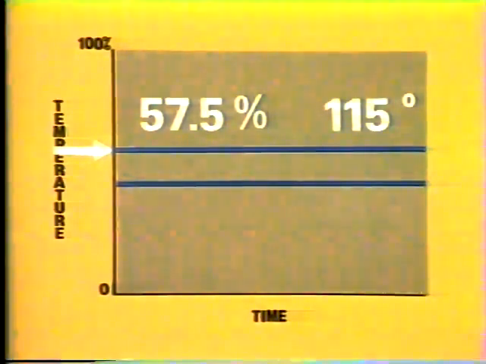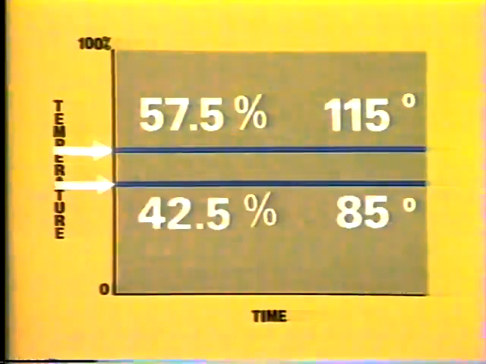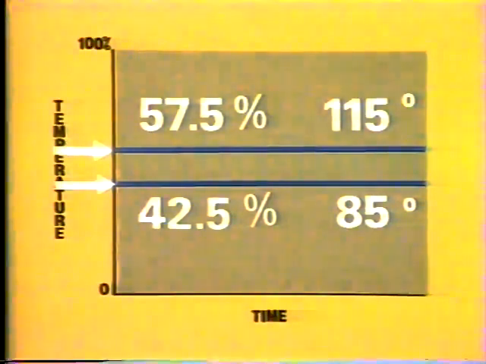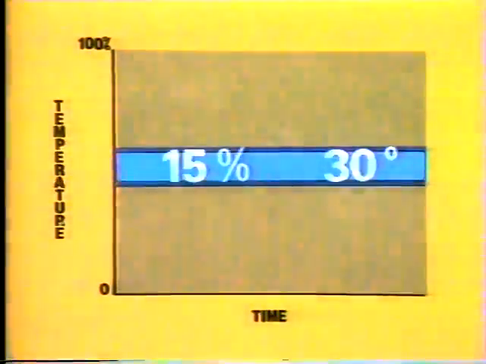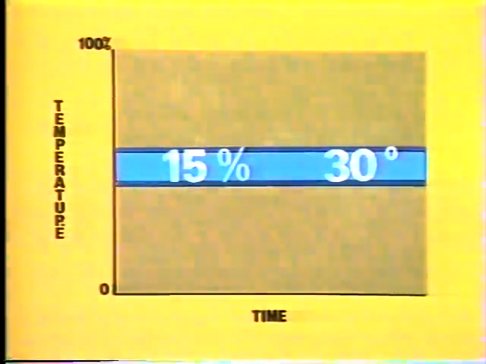The alarm will sound if the cooling water temperature gets this high. Set point is 42.5%, or 85 degrees. This information told the technician that he could vary cooling water temperature by as much as 15%, or 30 degrees, before the alarm sounded.